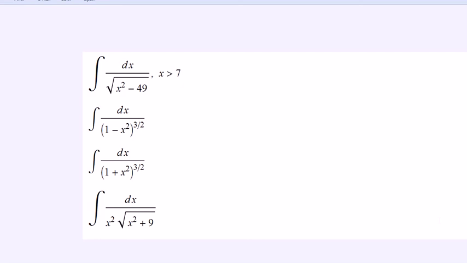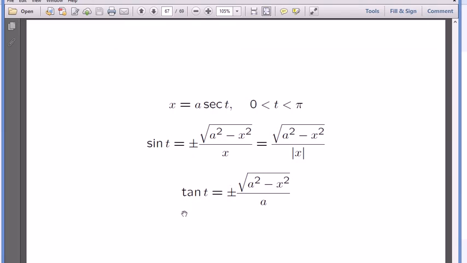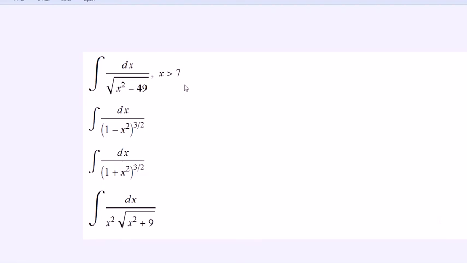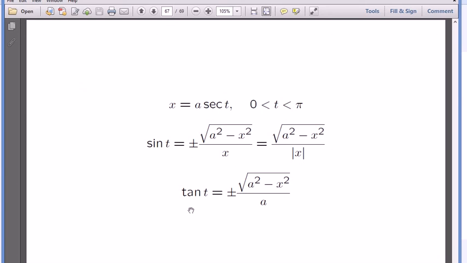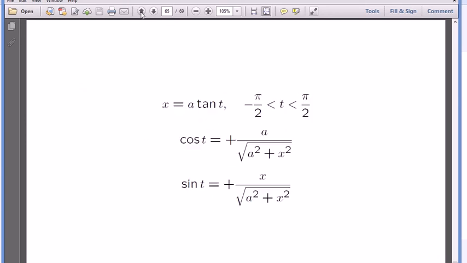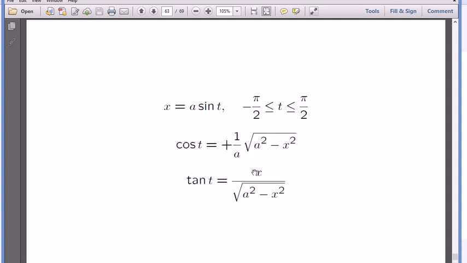When you replace the tangent t, you have to choose the negative square root version if x is less than 7. If x is greater than 7, you change your tangent t to the positive square root version. But all the others, no need to worry about it. Everything has the same sign in here. Same sign in here.